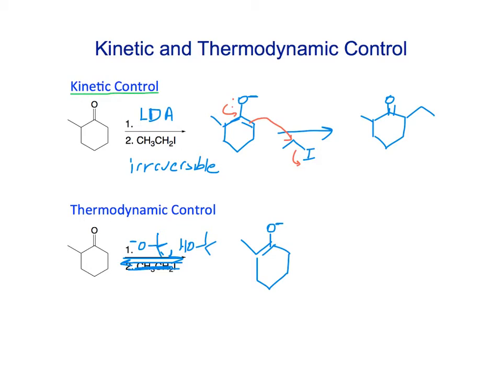There is a way that you can actually run this reaction under thermodynamic control, even using a strong base like LDA. All right, anybody have an idea how you might be able to do that? Okay, so typically if we want to run the reaction like we're doing up on the top, we would add to our flask some diisopropylamine, cool it down to minus 78 in our dry ice acetone bath.